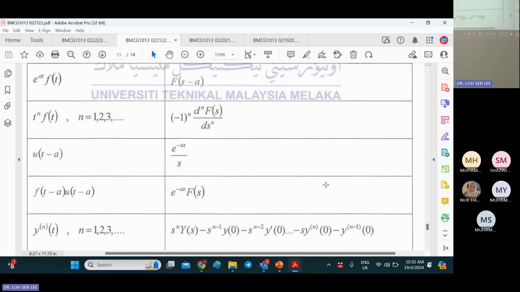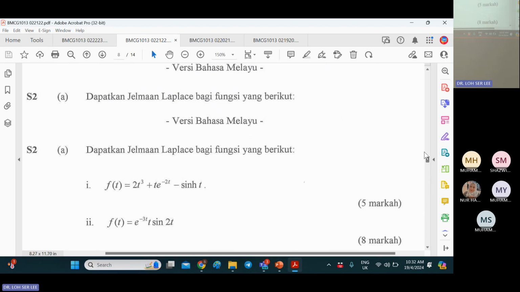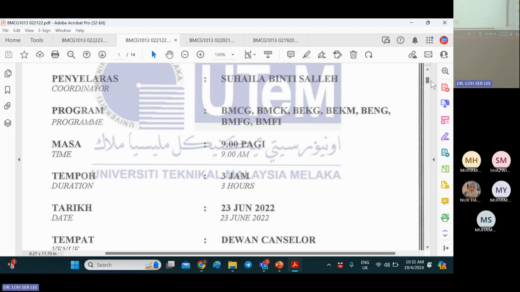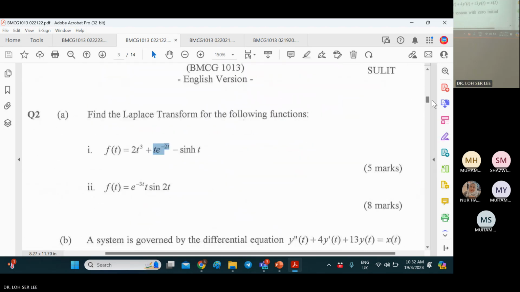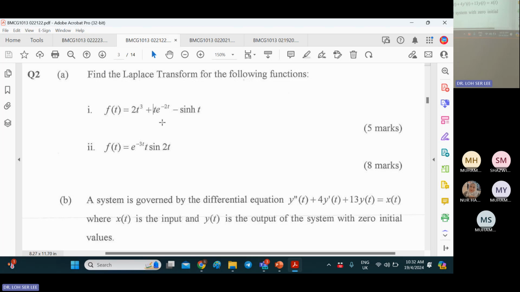Since this question contains both exponential and t, you can use both. Which one is simpler? The one with e, the first translation, because if you choose the derivative property, you have to do the differentiation.